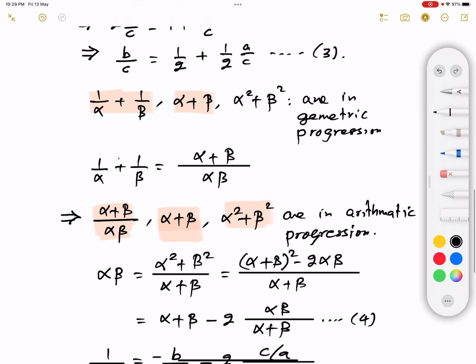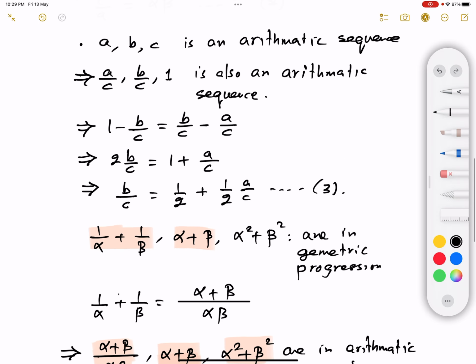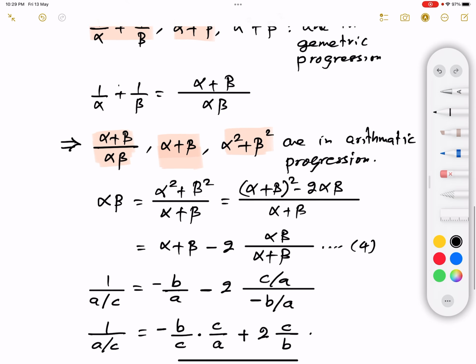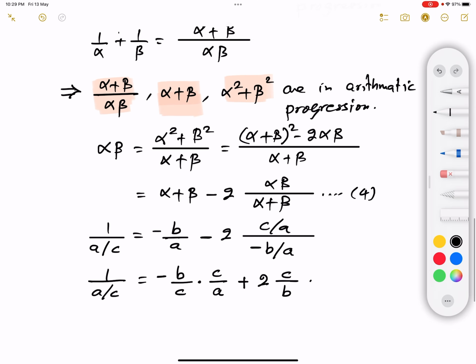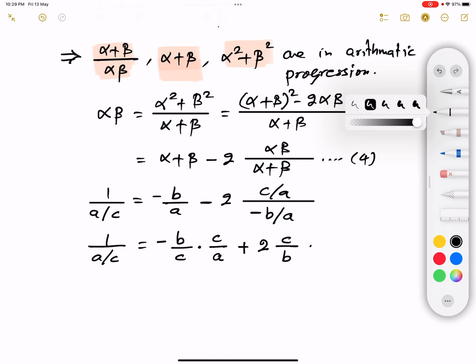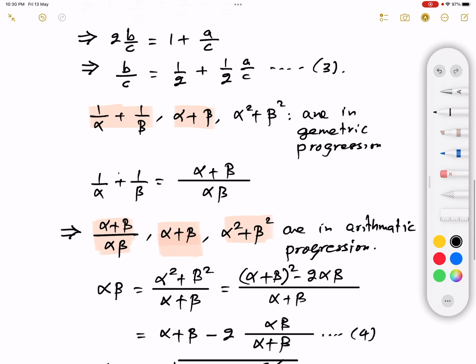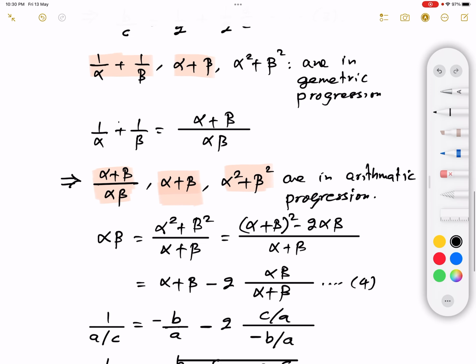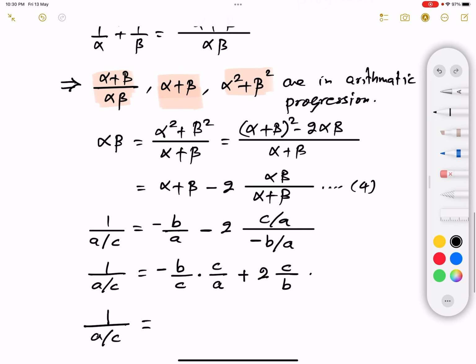C over B, which we basically solved for in equation number 3, the reciprocal of that, okay? So 2 divided by B over C, so we can rewrite that again. Okay, so 1 over AC, let's rewrite that in a better way. 1 over AC equals minus B over C. We can benefit from equation number 3 and substitute B over C in terms of A over C, which is what we're solving for actually.